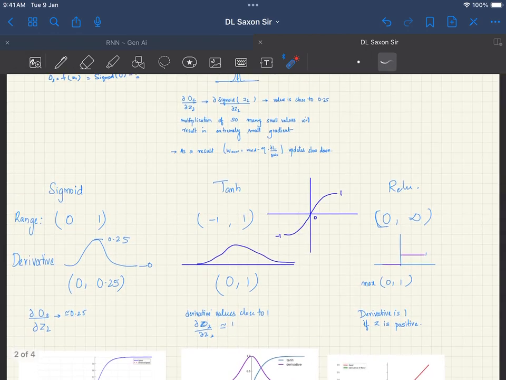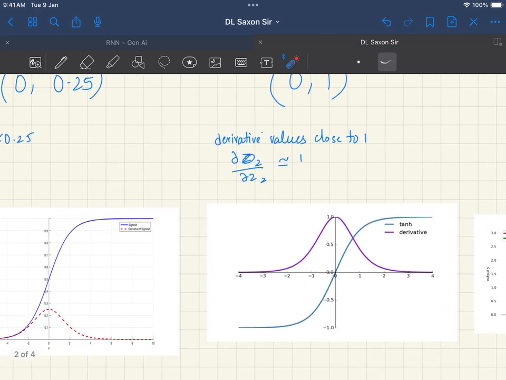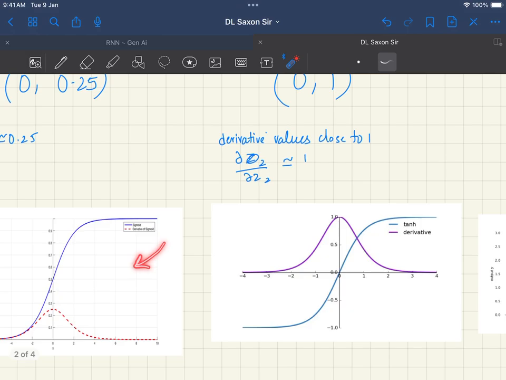So even though it is close to 1, we will still have vanishing gradient. Why won't it disappear? Because there are other small values, and also anything you multiply with a fractional value, the value is going to decrease further. So because of that mathematical reason, we will still have it, but not as much as sigmoid.